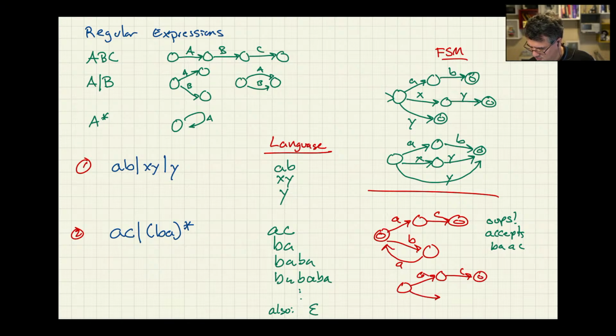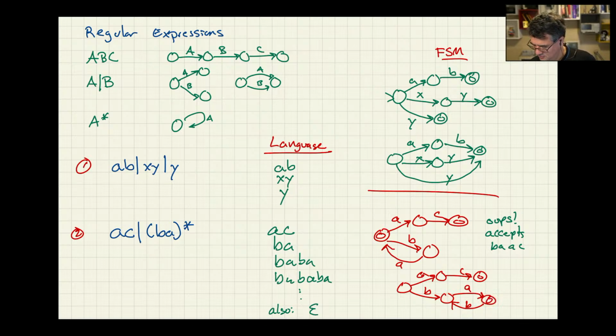So we do the B here, and then we do a loop here. Like that. Right, and then where does the accepting go? The rightmost one? Yeah. Good.